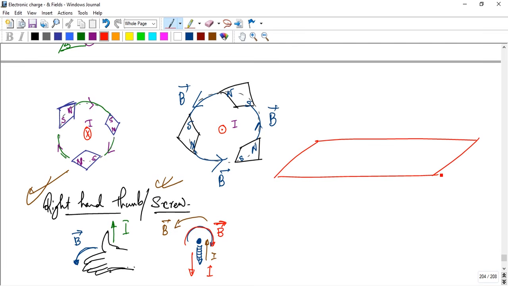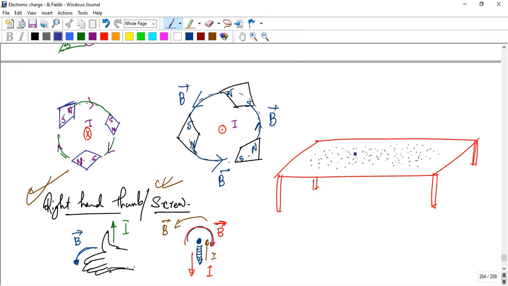There is a table, and we put some iron dust here, very small iron particles. These iron particles are magnetic material, obviously.